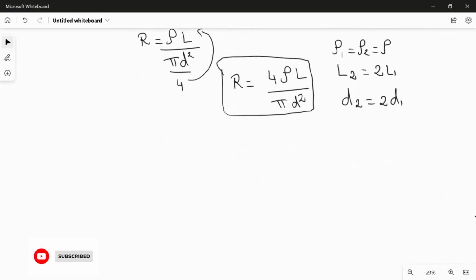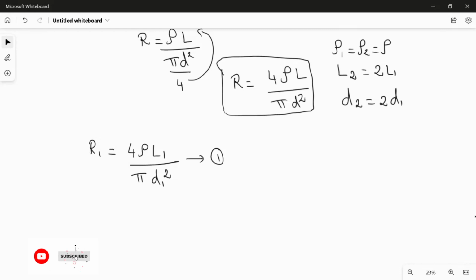For the first wire, R1 is equal to 4 multiplied by resistivity rho, since both are the same material, and the length of the first wire L1, over pi multiplied by d1 squared. Actually, I made a mistake here, this is pi. So R1 equals 4 rho L1 over pi d1 squared. We take this as equation number 1.